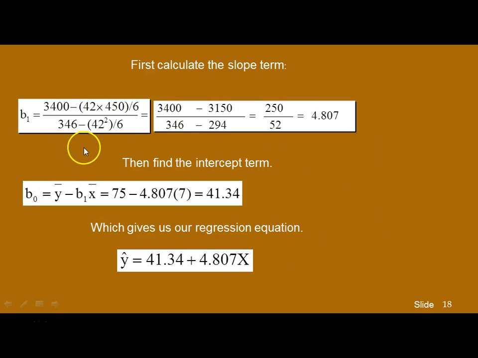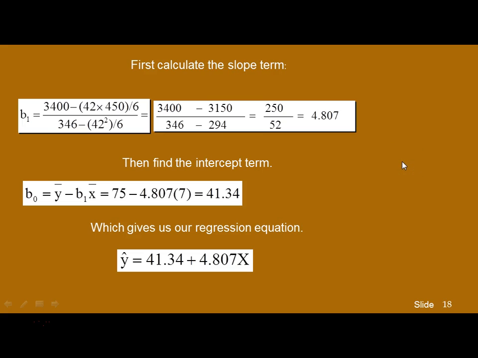Then go through the formula and do the calculation. I've just plugged the numbers into our formula. Summation xy minus the sum of the x's times the sum of the y's over n, over summation x squared minus the quantity summation x squared divided by n. If you work this all out, you should get a slope term of 4.807.